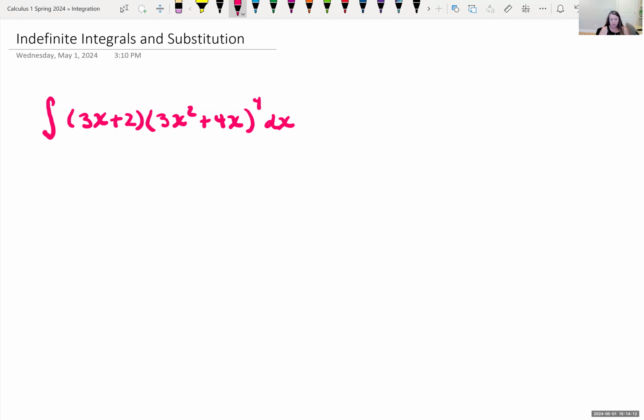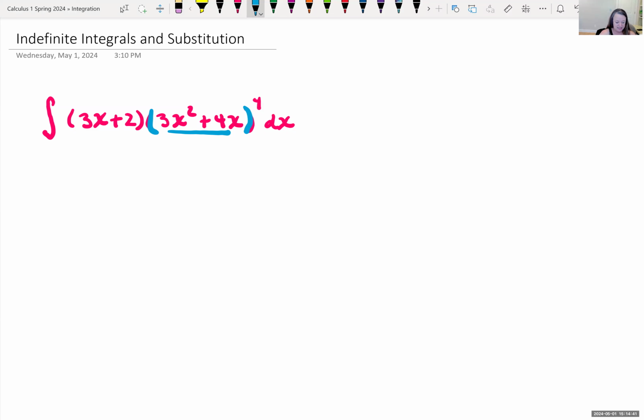What you're looking for is a piece of the integrand that, when you take the derivative of it, is going to look similar to another piece in our integrand. Usually you're going to look at stuff that's inside. Here, the main piece that's going to be hard for me is this 3x squared plus 4x raised to the fourth power.